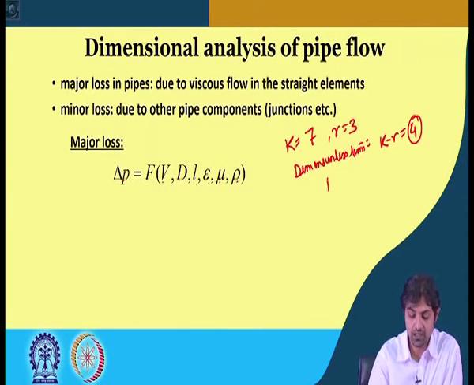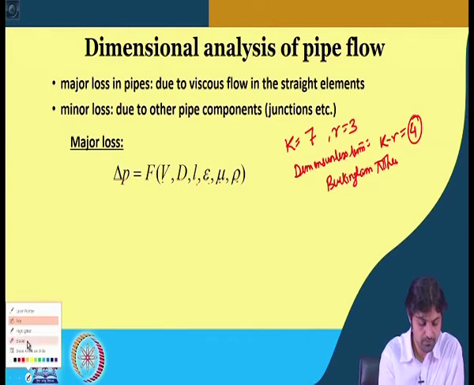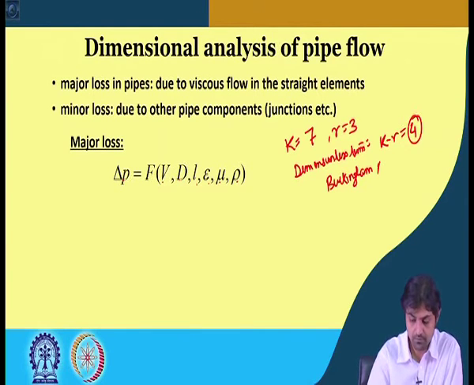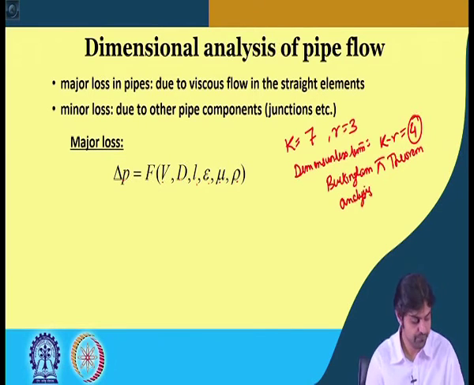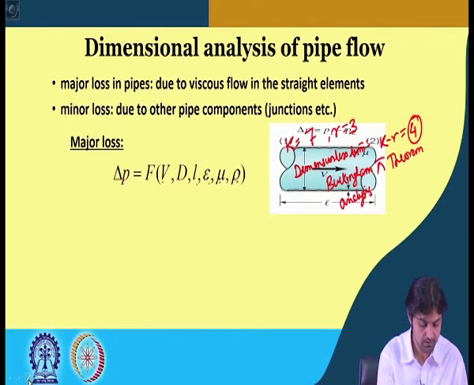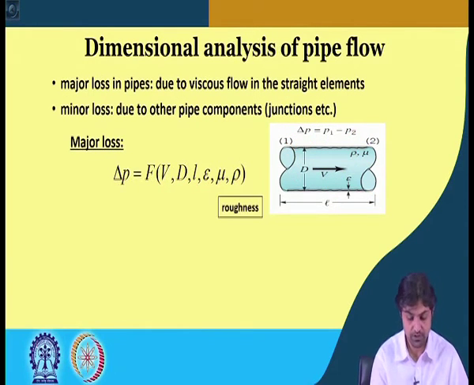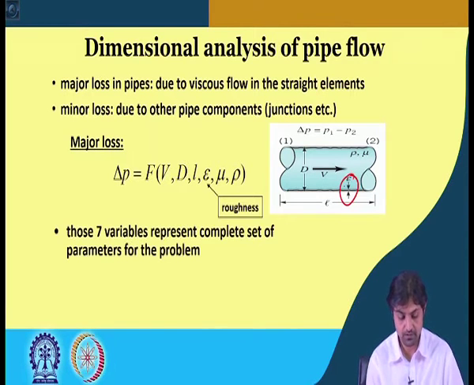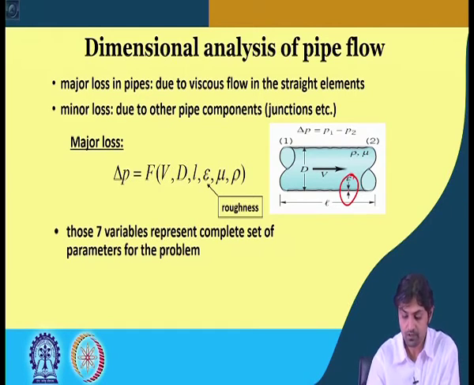If you do the Buckingham pi theorem analysis, we are going to get, as I said, this was the roughness element epsilon.